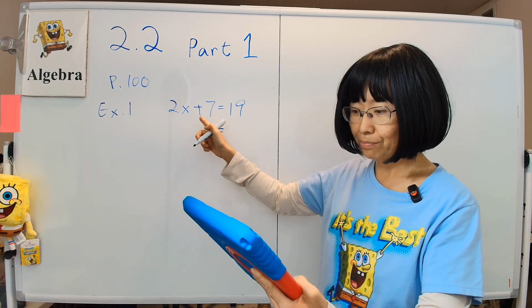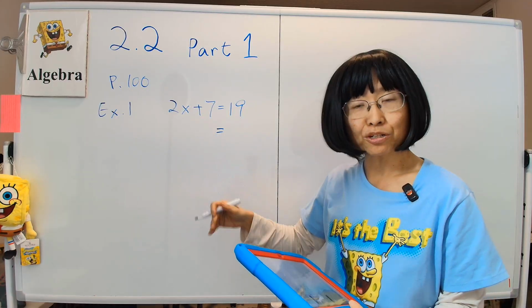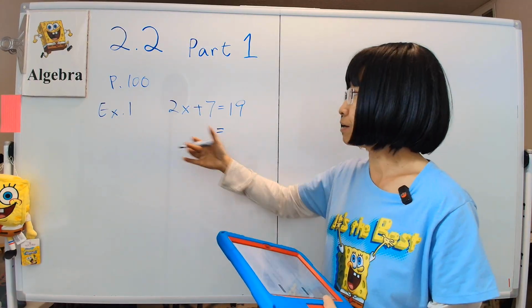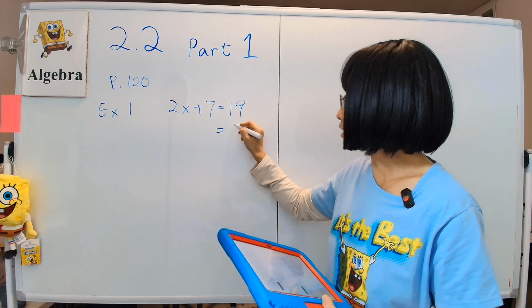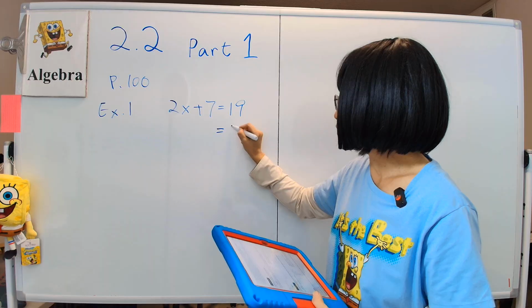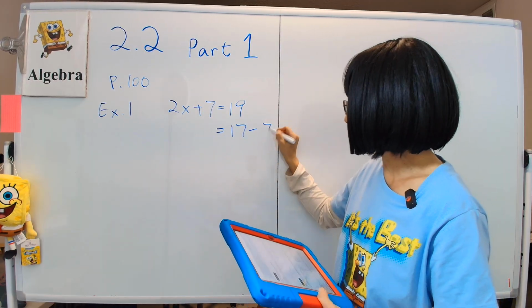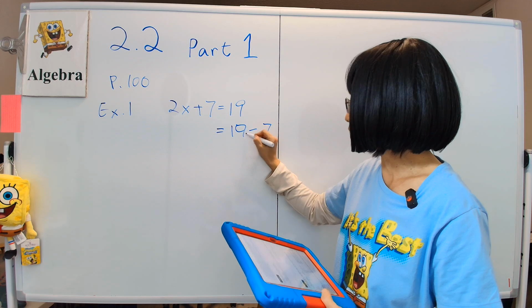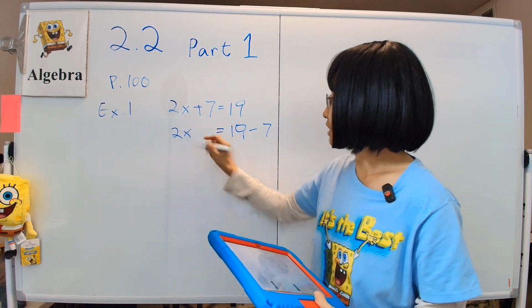The reason is that you're actually subtracting 7 from both sides, but the way we remember it is to kick it to the other side by changing the sign. It was plus here; we'll kick it to the other side and call it minus. That's 19 minus 7, and then 2x is still here. So that's the first step.